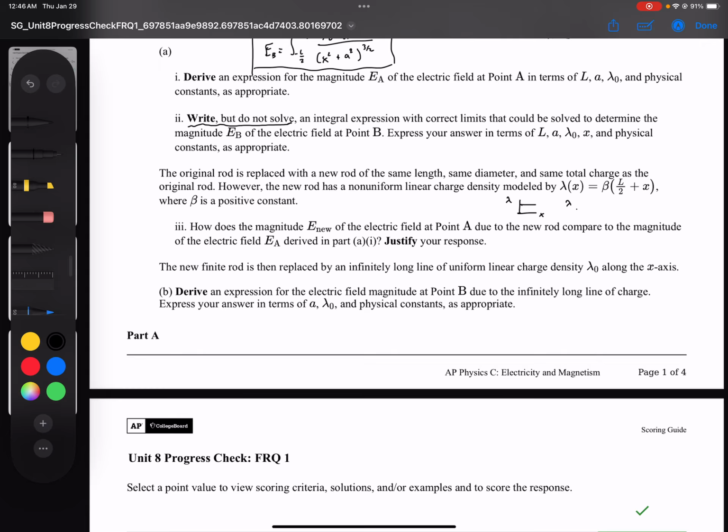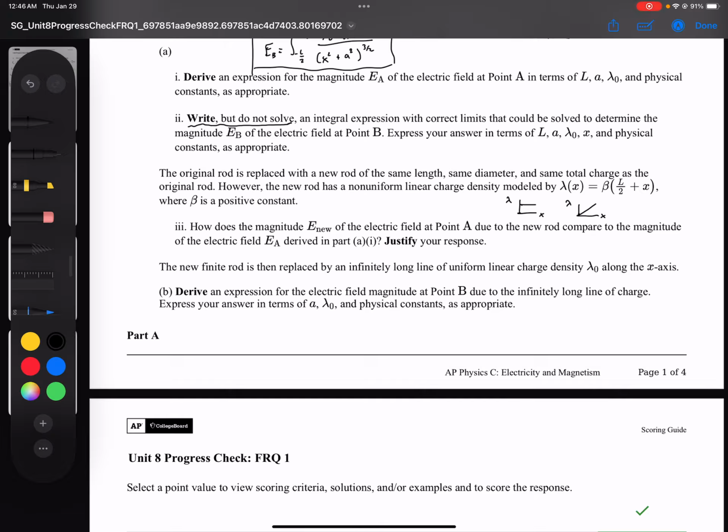So now we have this new charge distribution where at the very left end of the rod, there's no charge on it, right? If I plug in x equals negative L over 2, I end up with a charge distribution on the left-hand side of the rod equaling 0. And then it's going to increase as we go across x. However, the total charge has to be the same for both.